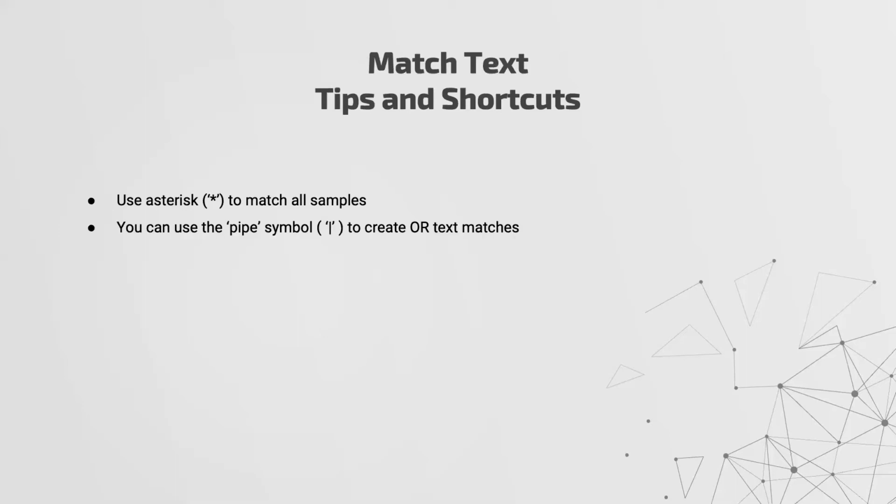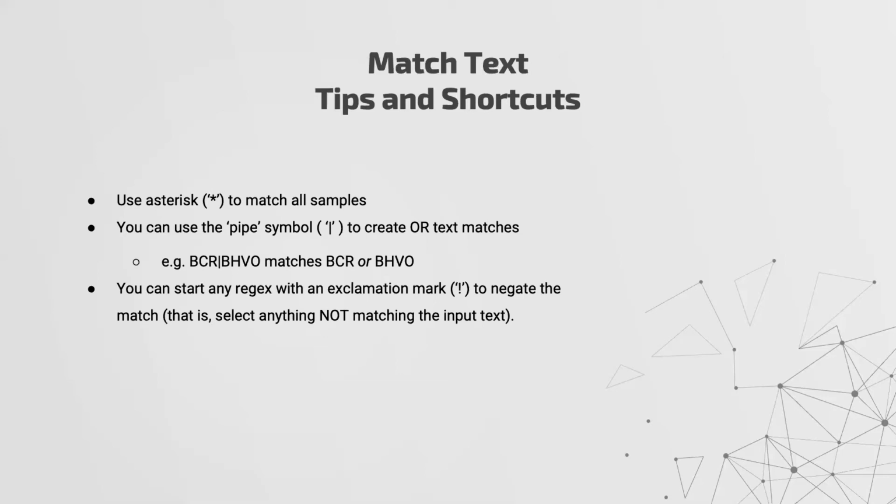You can also use this pipe symbol. So this is just the vertical line. For me, that's just above my enter key. And it creates an OR. So if I was to type in BCR|BHVO, that would match anything that had BCR or BHVO in it. So that's a way of selecting more than one type. It's an alternation.